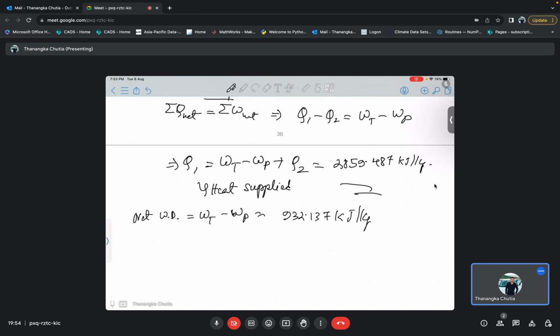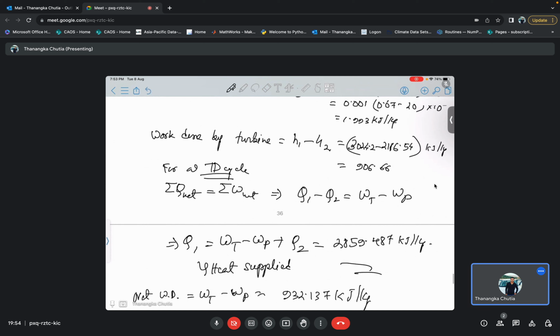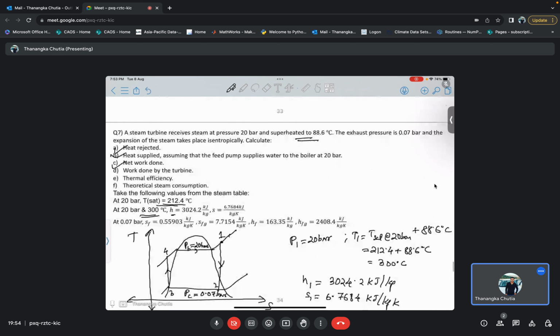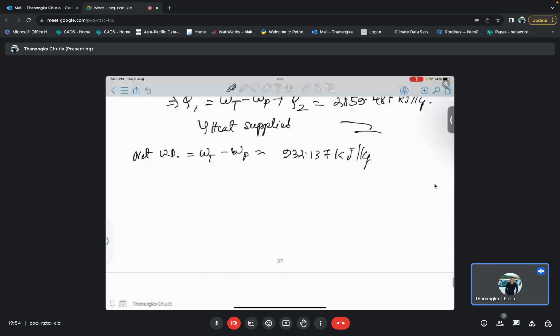Net work done by the turbine we have calculated. Now thermal efficiency, eta thermal, is equal to Wt minus Wp upon Q1. This you will get as 32.59%.